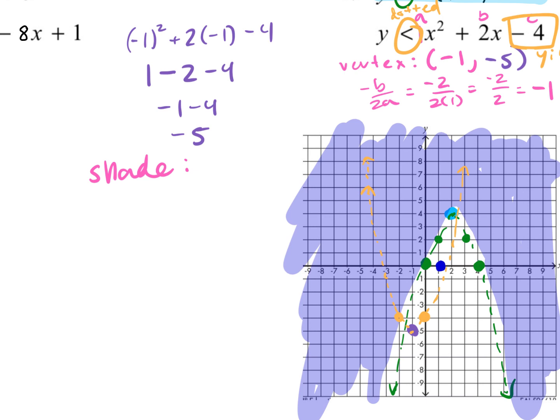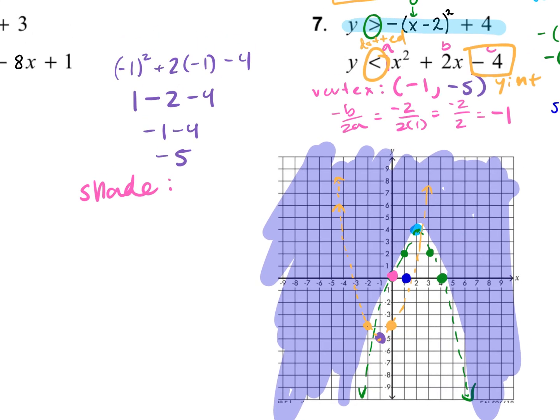So what's a point inside the parabola? (0, 0). Awesome point to choose. If it doesn't fall on your parabola, I would always pick (0, 0), just because zeros are the easiest numbers to plug in and do the math with. So we have 0 is less than 0 squared plus 2 times 0 minus 4. So we get 0 is less than negative 4.